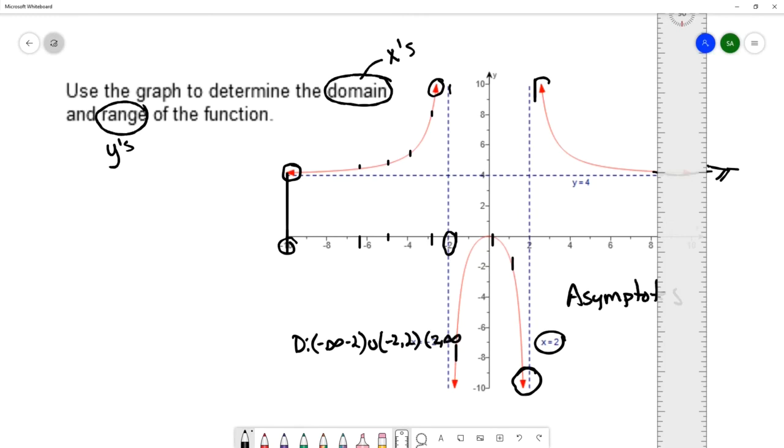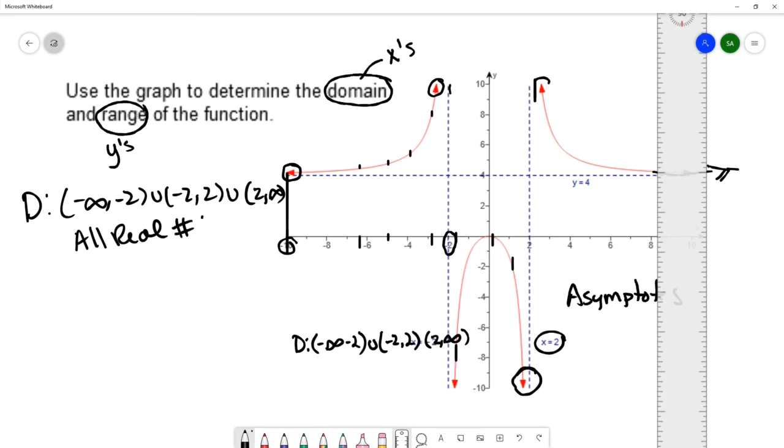So what we have here is our domain going from -infinity to -2, union with -2 to 2, union with 2 to infinity. Said in a slightly different way, we're saying that the domain is all real numbers except -2 and 2.